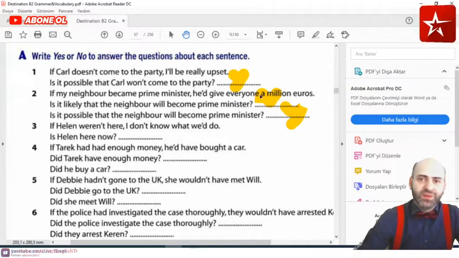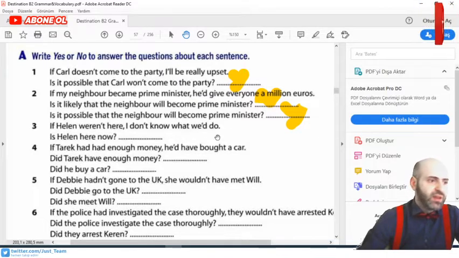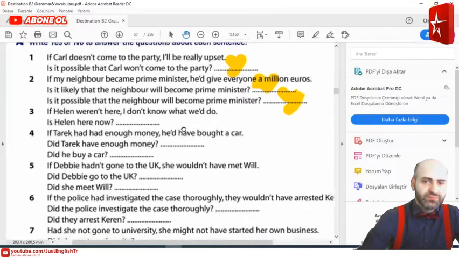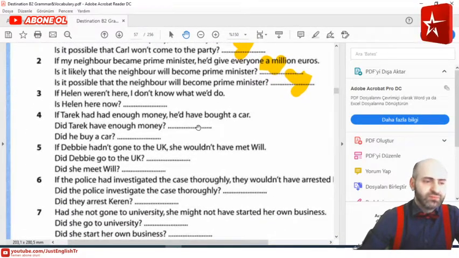Writing is amazing with this marker when it is so big. If Helen were not here, I don't know what we would do. Is Helen here now, guys? Is Helen here?